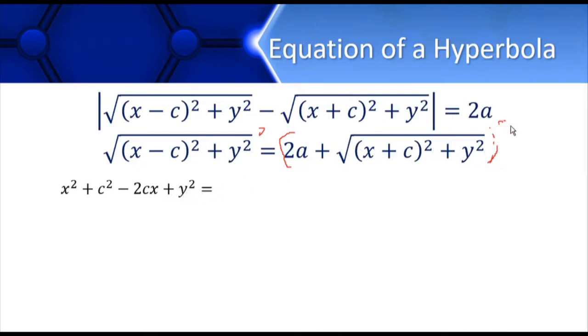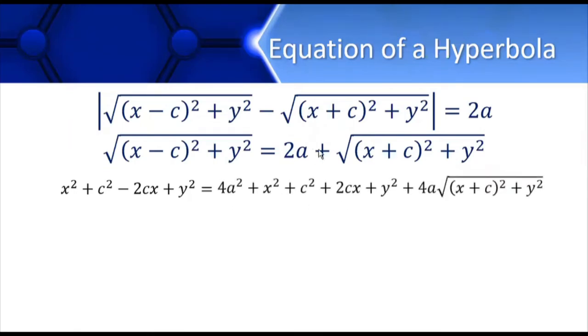Sa left-hand side naman ng equation, dahil siya ay square, again, binomial ito. Ayan, 2a and square root of quantity x plus c square plus y square. Binomial. So, squaring binomial. So, pag in-square mo na itong 2a, magiging 4a square, di ba? Ayan.